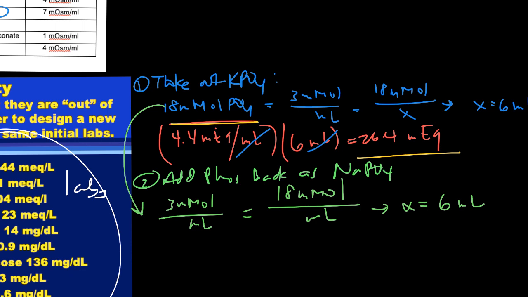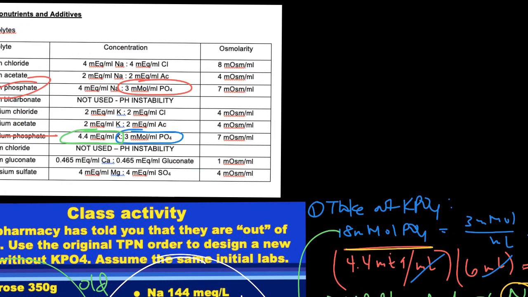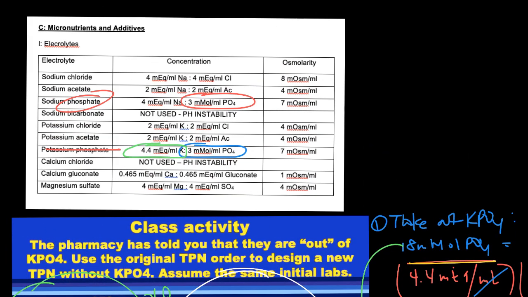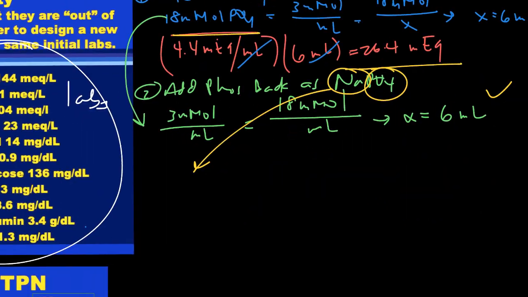So how much sodium did you gain? Remember, you're adding sodium phosphate. You have to account for the phosphate, which you already did. Now you have to account for the sodium. You know that your sodium comes in a concentration of 4 milliequivalents per milliliter.